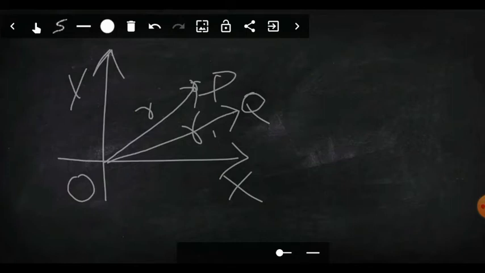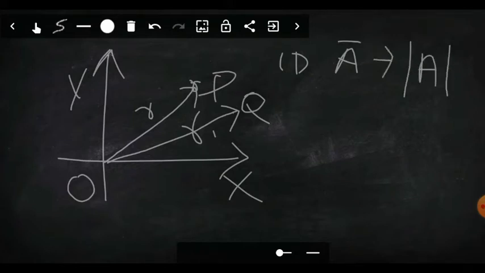Suppose we are considering a one-dimensional motion, and a vector A is considered. In order to represent this vector, we have to use the magnitude of that vector, A, and we require the direction. In order to indicate the direction, in the last class we mentioned the unit vectors.